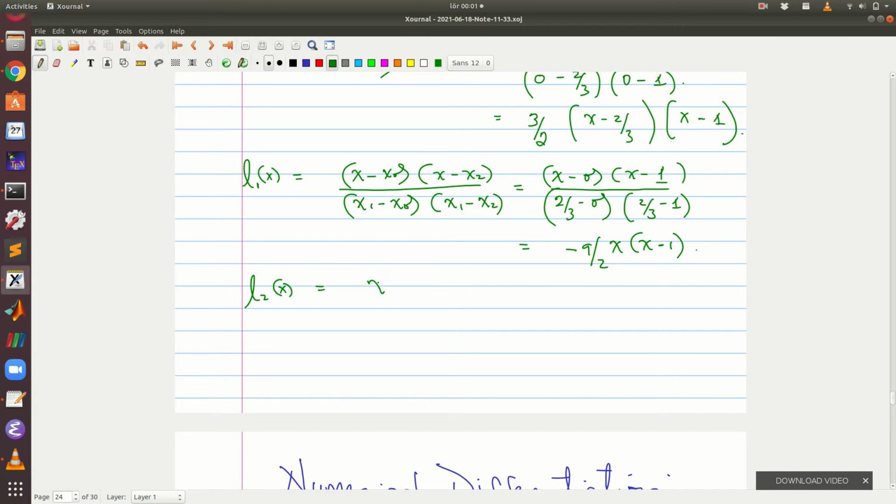Okay, so for L2 of x, we simply exclude x2 in the numerator. Okay, so we have x minus x naught, and then we shall have x minus x1, and then in the denominator we shall have x2 minus x naught, and then we shall have x2 minus x1.